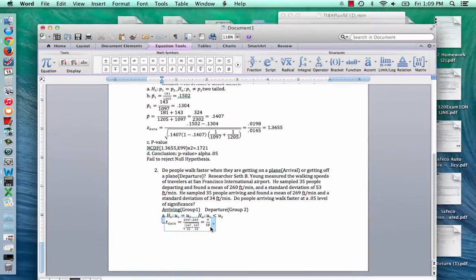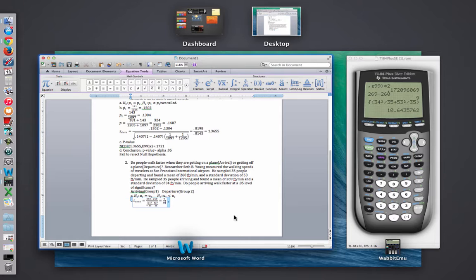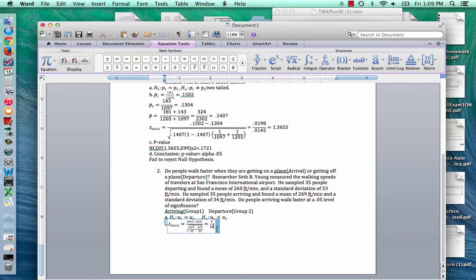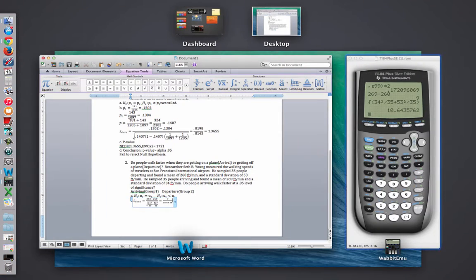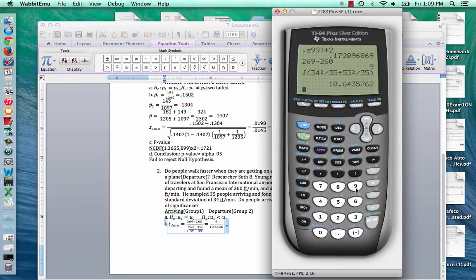Take 9 divided by that. 9 divided by 10.6436, and we'll get a test stat of 0.8456.